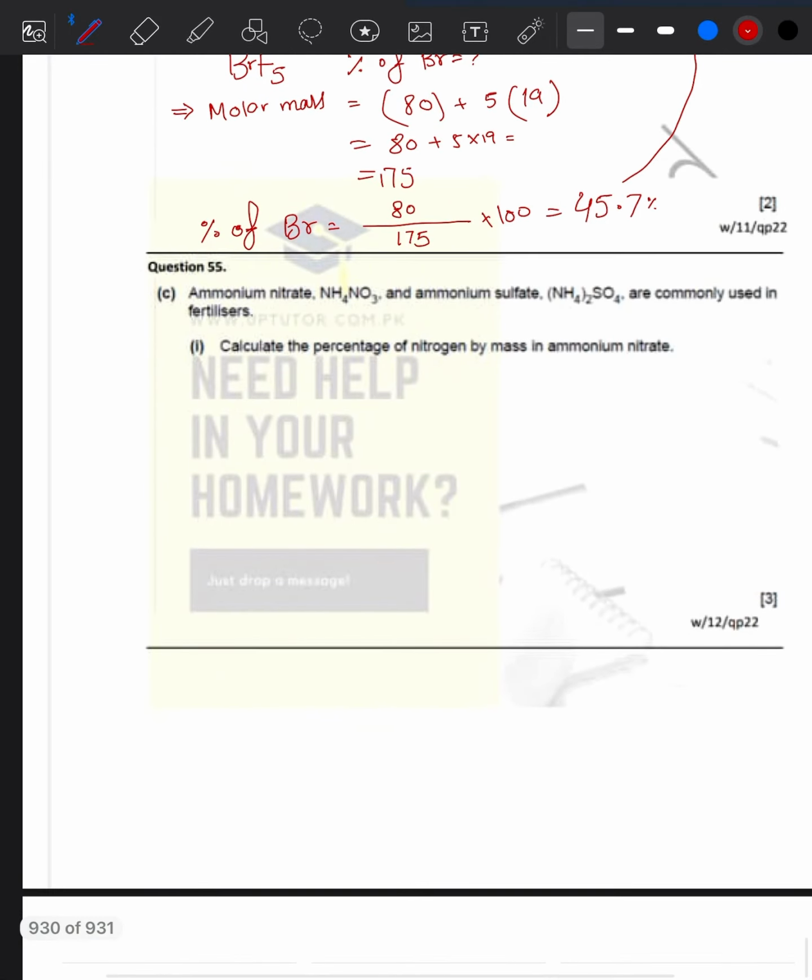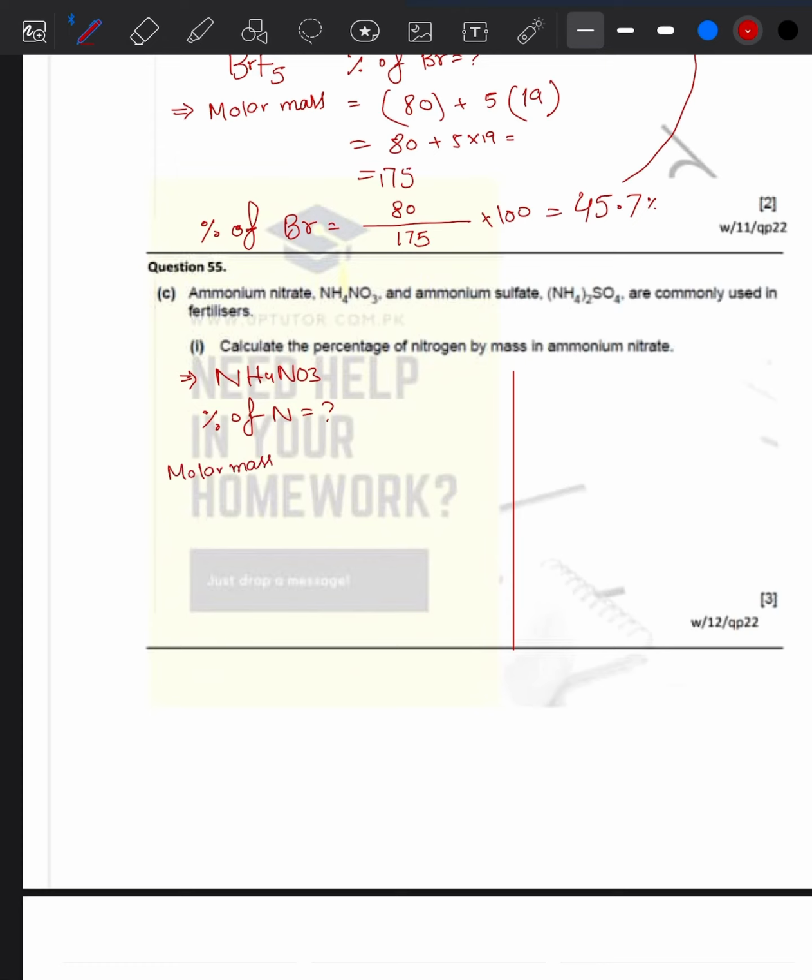And the second question says that ammonium nitrate and ammonium sulfate are the commonly used fertilizers. Calculate the percentage of mass of nitrogen in the ammonium nitrate. So we have the formula of ammonium nitrate, NH4NO3, and we have to find out the percentage of nitrogen in this compound. So first we will find out the molar mass.